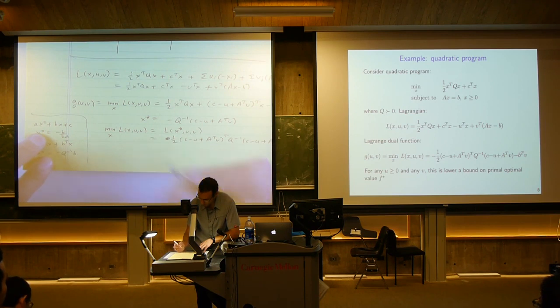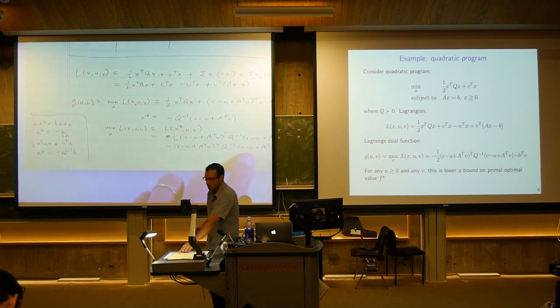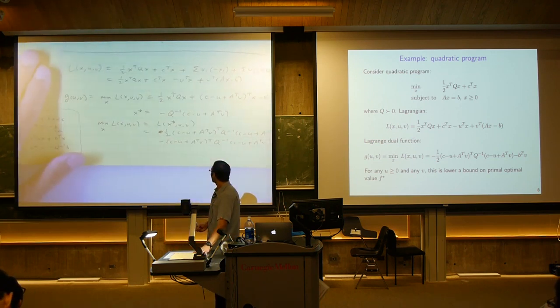Okay, and here I should have minus c minus u plus A transpose v transpose, that's my solution, Q inverse minus c, times c minus u plus A transpose v. Sorry, I took it off the page.